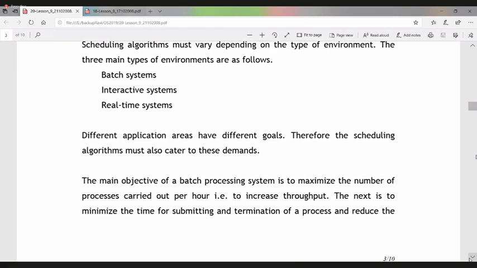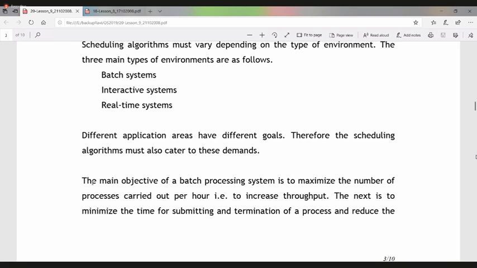So different application areas have different goals. Therefore, the scheduling algorithm must also cater to these demands. That means different systems, different purposes, you may use different algorithms, not the same algorithms. Okay. So let's take one by one. The batch systems.